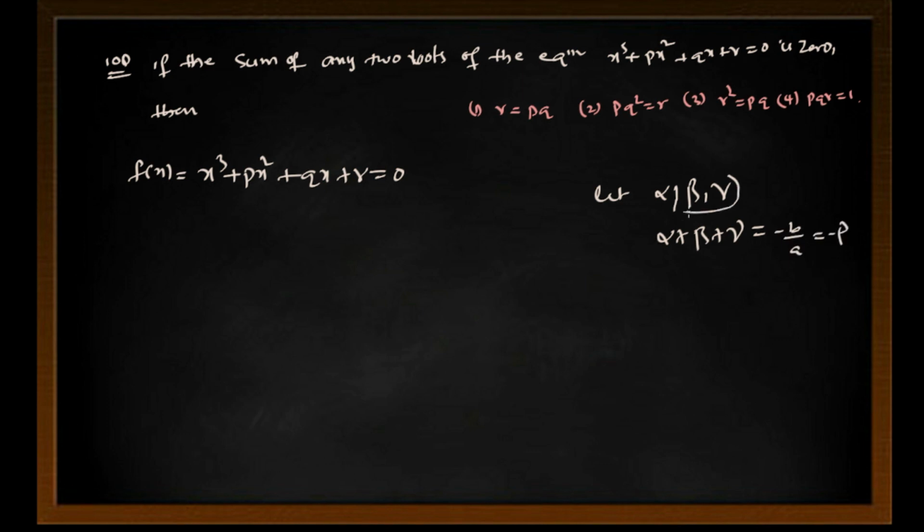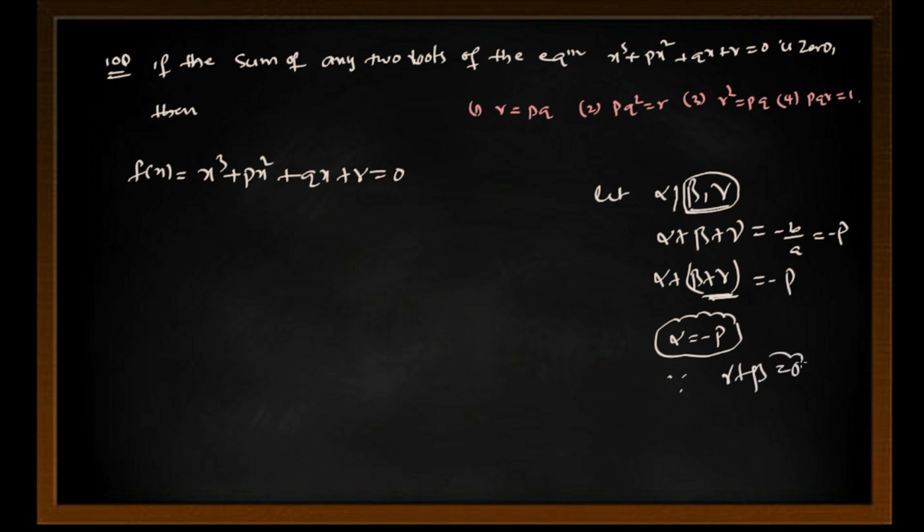So consider sum of any two roots, beta and gamma. So alpha plus beta plus gamma is minus p, but given is sum of any two roots is 0. So consider beta plus gamma is 0. So alpha equals to minus p. Now alpha equals to minus p means one of the values of x is minus p.